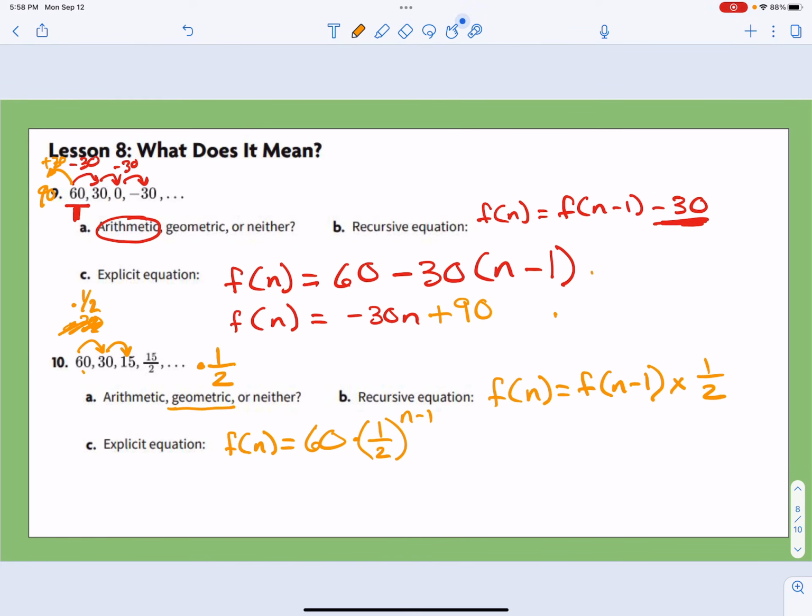Okay? So does that work? It certainly does work. It works every time for us, so no problem. So we can leave it like that, and we're good.